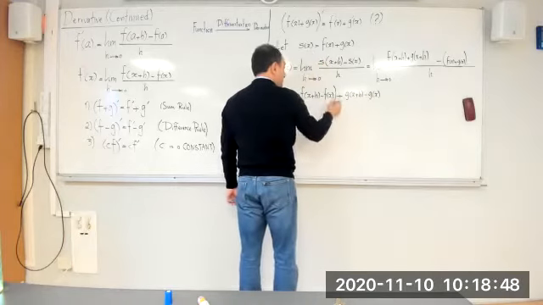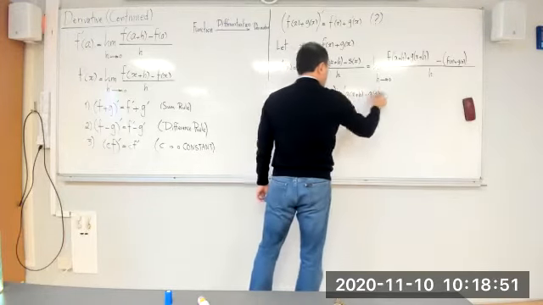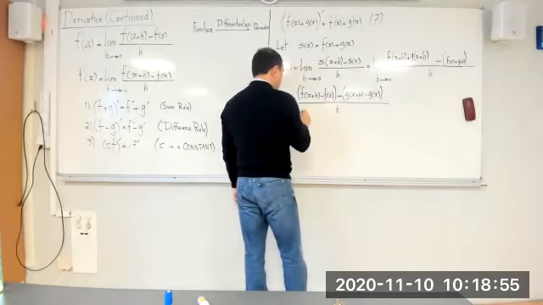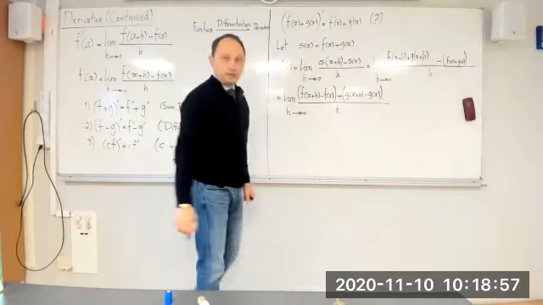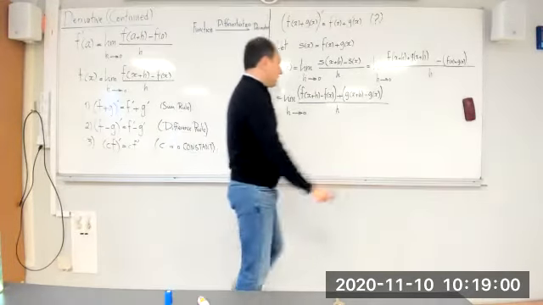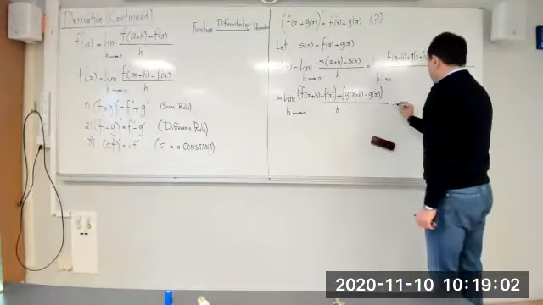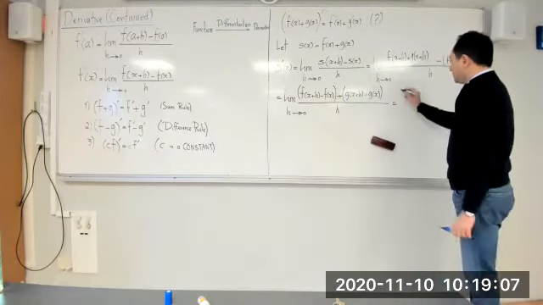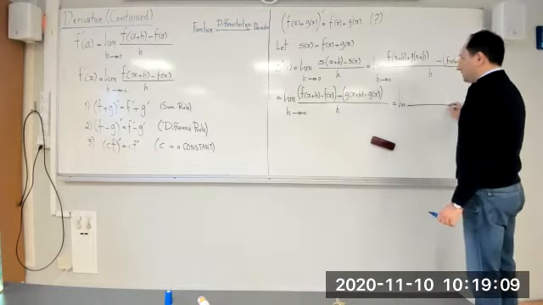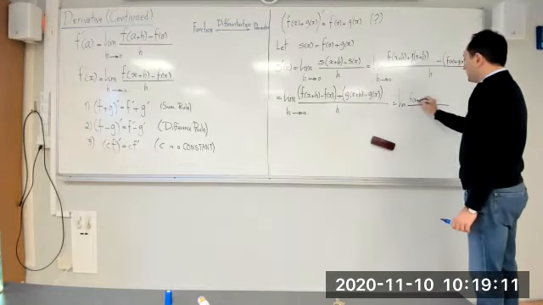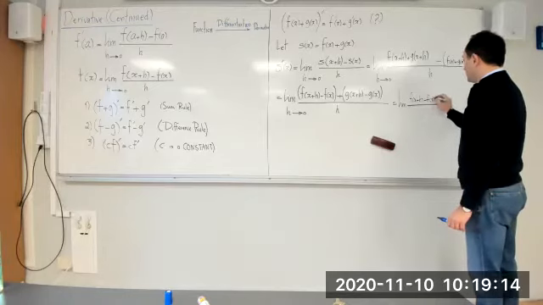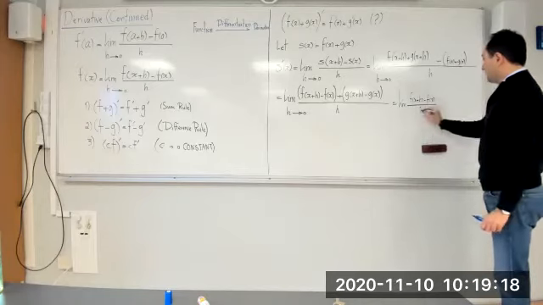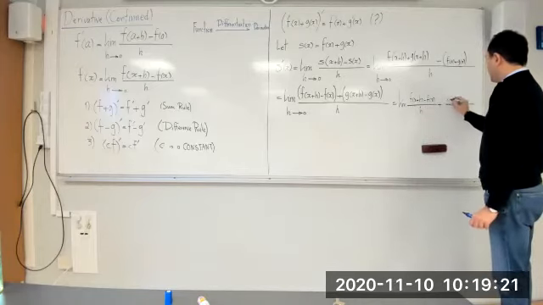I can put them in separate pairs of brackets, divided by h as h goes to 0. Now I can divide this one separately and that one separately by h. So this becomes the limit of f of x plus h minus f of x, divided by h, plus the same for g.